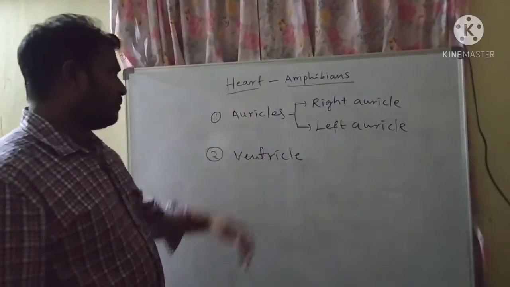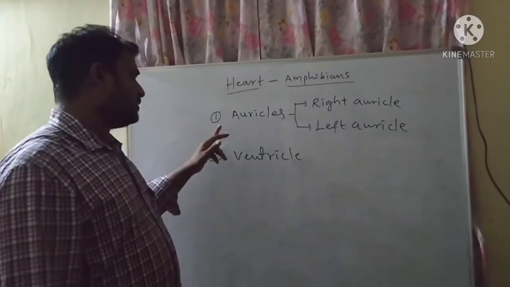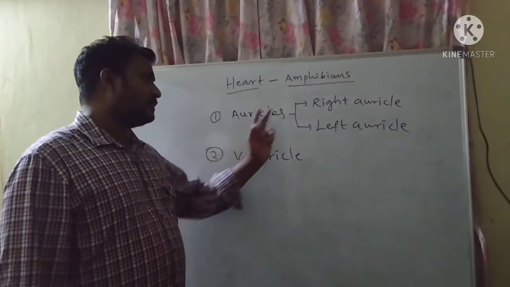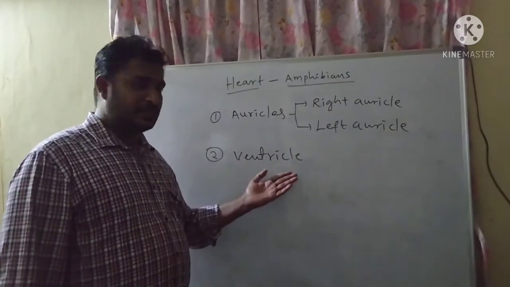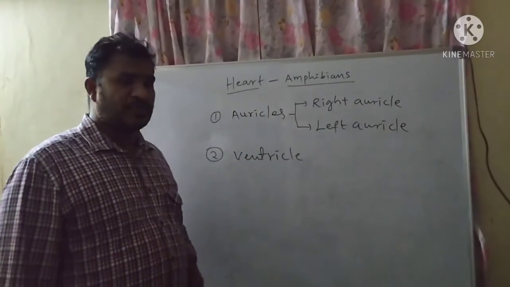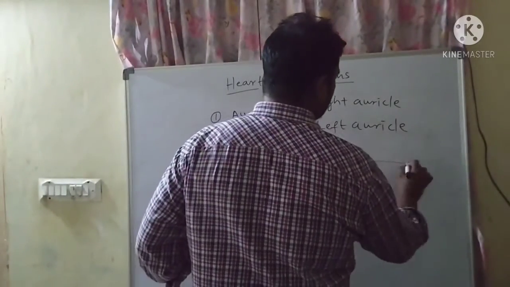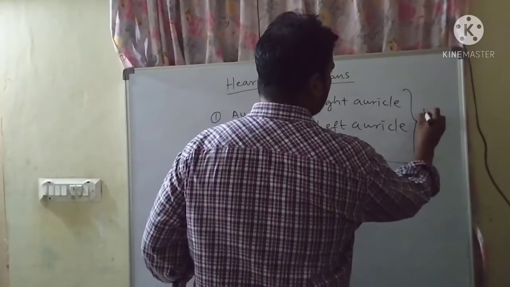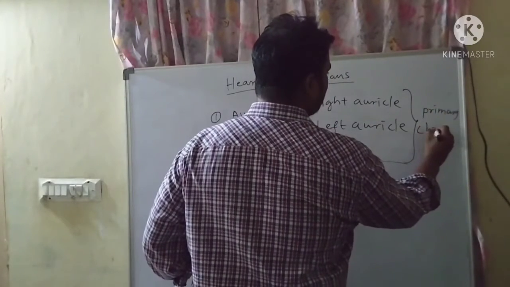In the heart of the amphibians, there are three chambers: two auricles, right auricle and left auricle, and one ventricle. These auricles and ventricle together are called primary chambers.